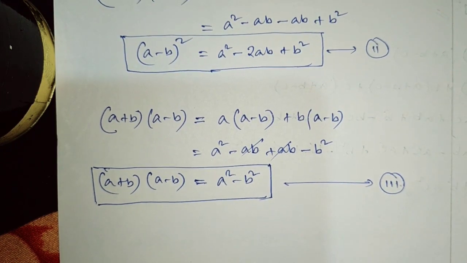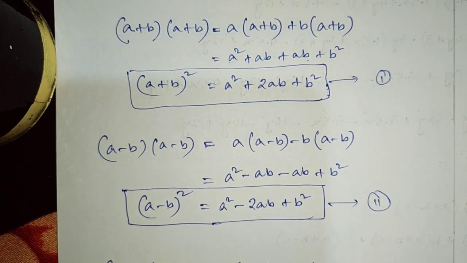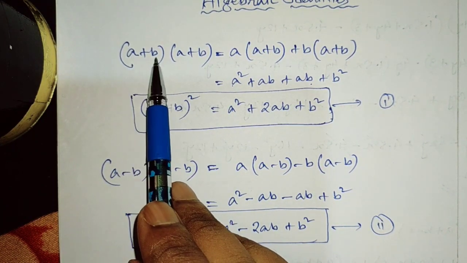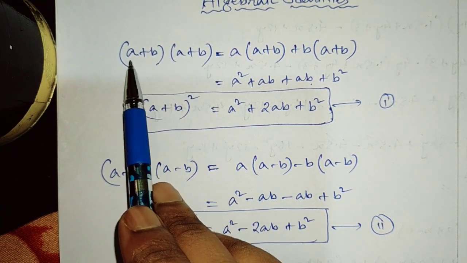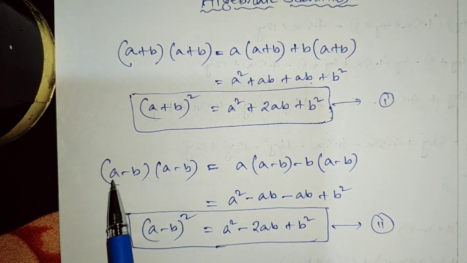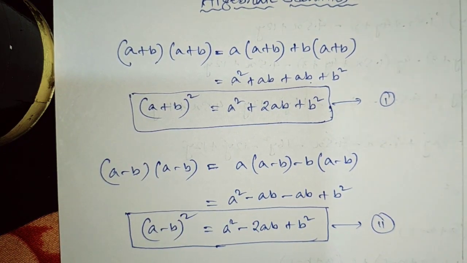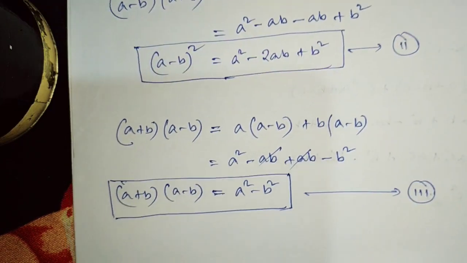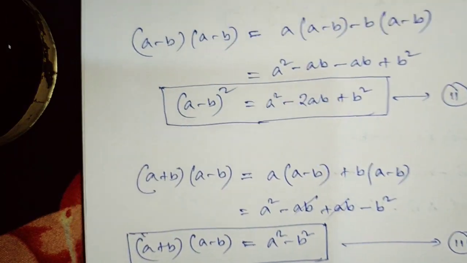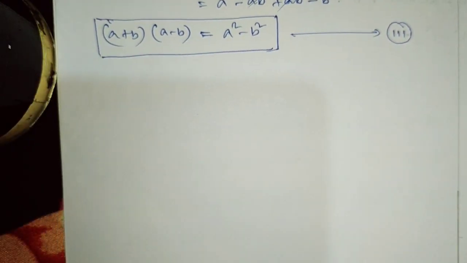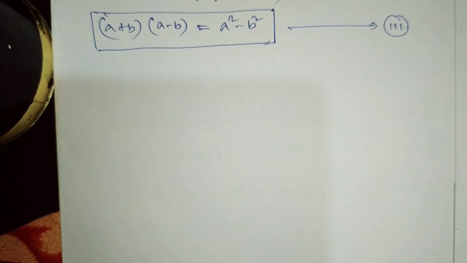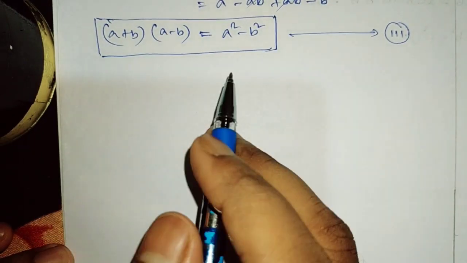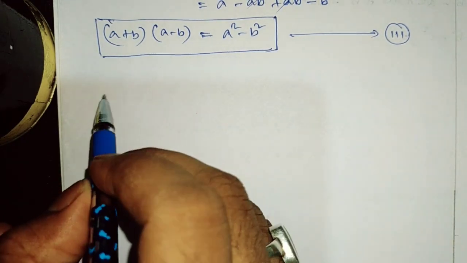So till now, in whatever identities we have discussed, in both the cases our first term and the second term were the same: a plus b, a plus b; a minus b, a minus b; then again a plus b and a minus b. Next, we'll do a little change. That means we will keep the first term the same, but we will change the second term.